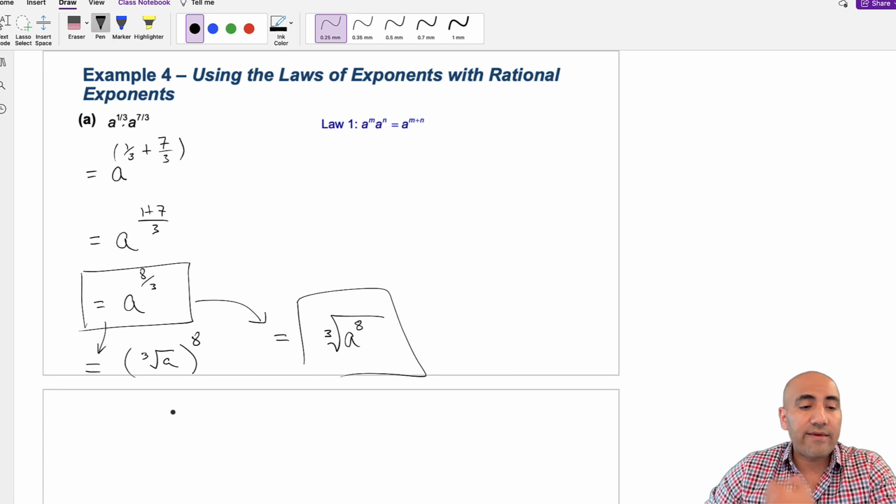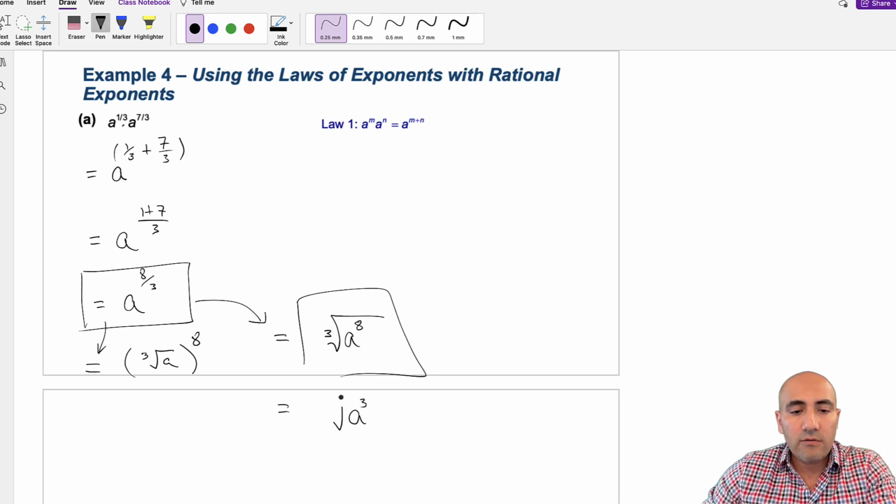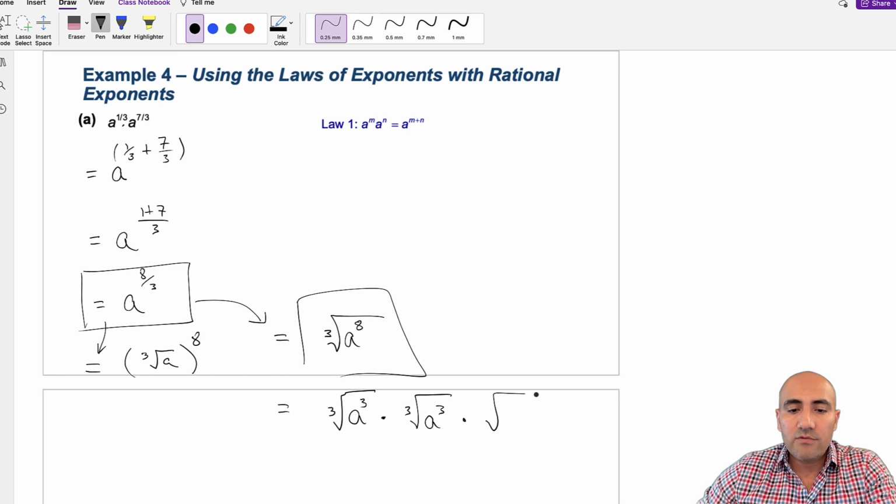And then we can simplify each of these a little bit more. For this one, we know that if we have 3 of these, we can separate it into powers of 3 and simplify. This is the cube root of a to the 3rd power, times the cube root of a to the 3rd power. I've used up 6 of those a's. Times the cube root of a to the 2nd power.